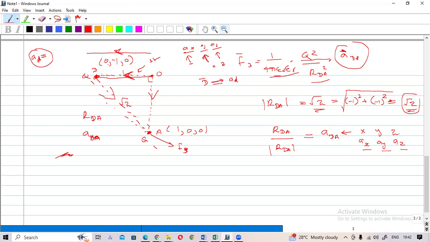Vector D divided by the magnitude of D gives the unit vector AD. But now what we need is that unit vector using X, Y, Z. So what is this? Please tell me that answer, only one answer.